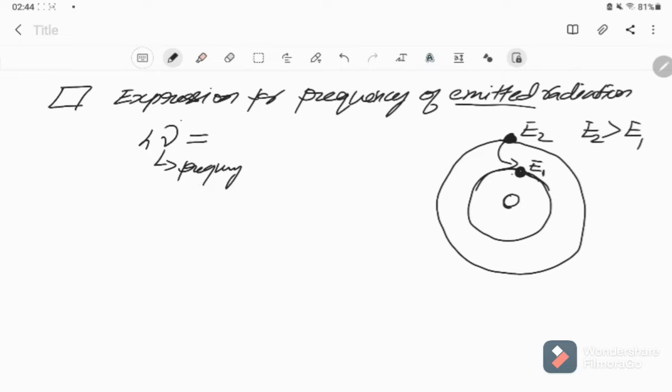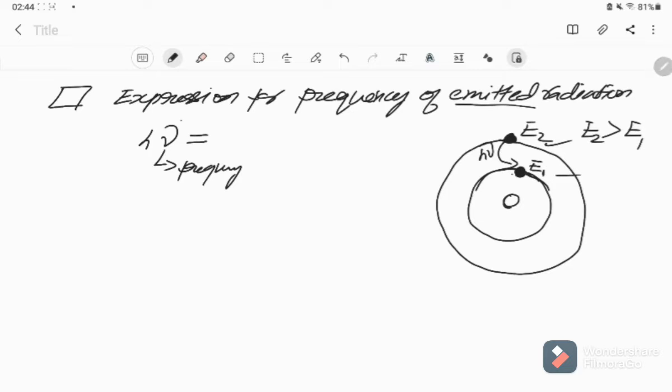In order to be in this state, the electron has to emit some energy to reduce its energy and go to the E1 energy level, so h mu amount of energy should be emitted out.